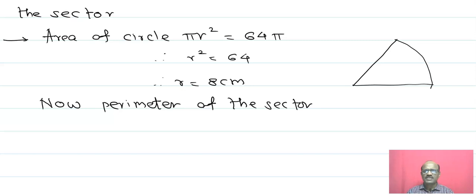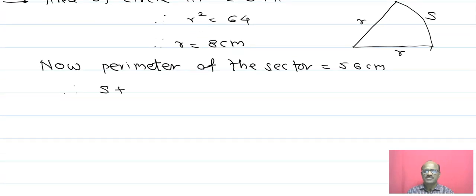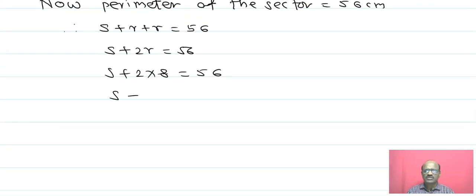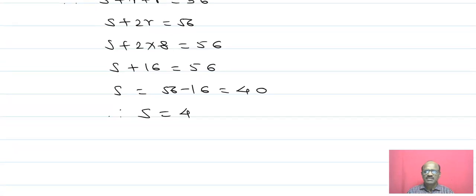Now by using the same formula, the perimeter is 56 centimeter. S plus 2r is equal to 56. Therefore S plus 2 into 8 is equal to 56. S plus 16 is equal to 56. Therefore S is equal to 56 minus 16, that is 40 centimeter.